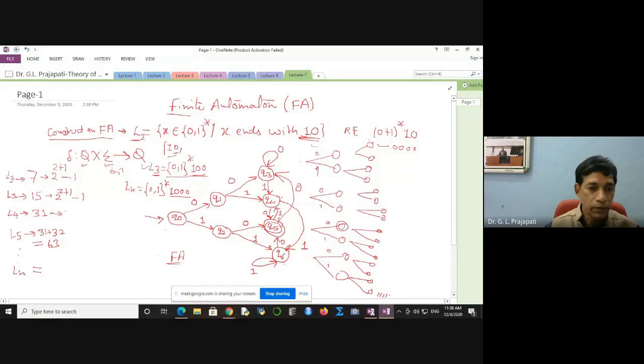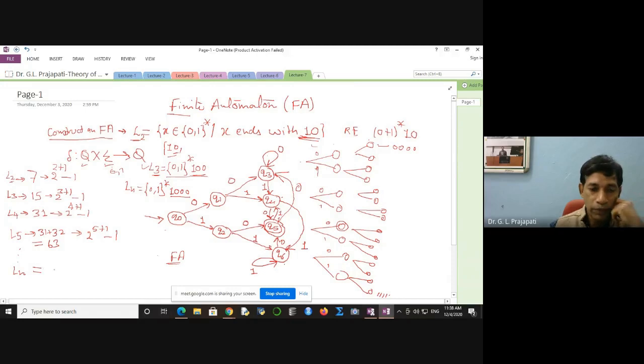Similarly, 2 raised to power 4 plus 1 minus 1: 2 raised to power 5, 32 minus 1. This becomes 31. And here, this becomes 2 raised to power 5 plus 1 minus 1, 2 raised to power 6, minus 1, and this becomes 63.